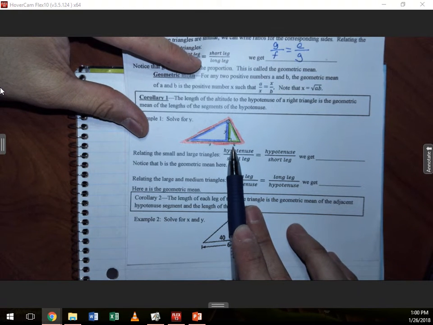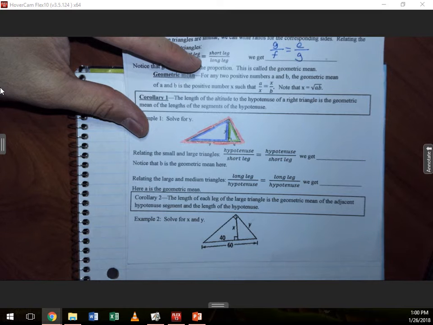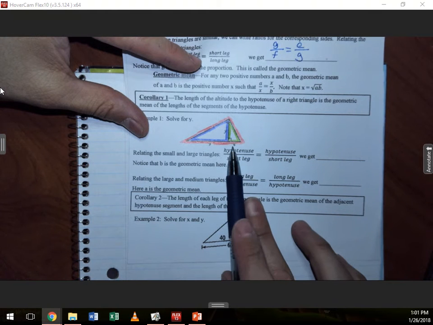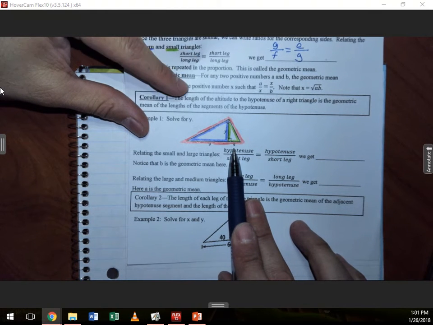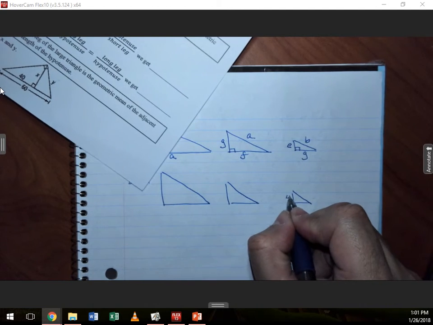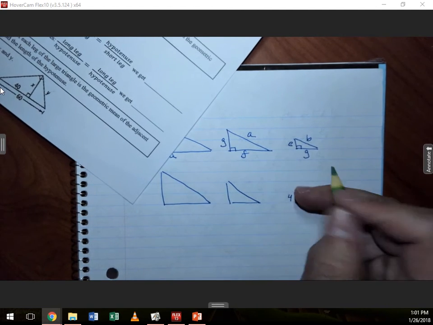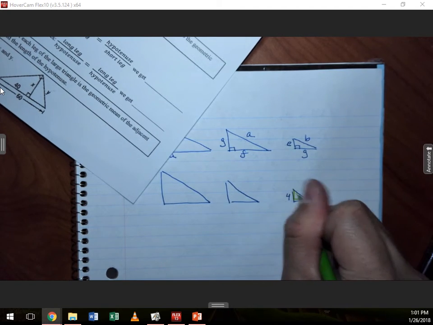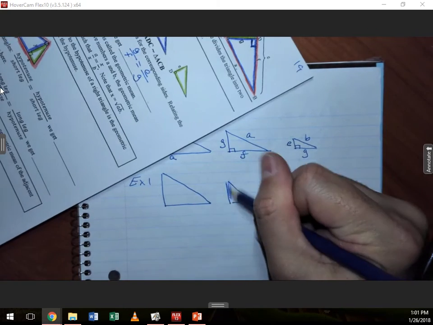What is the short leg of my tall? It's going to be 4. So I'm going to put a 4 right here. Maybe this might help.